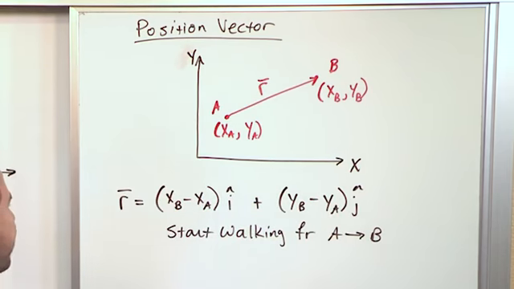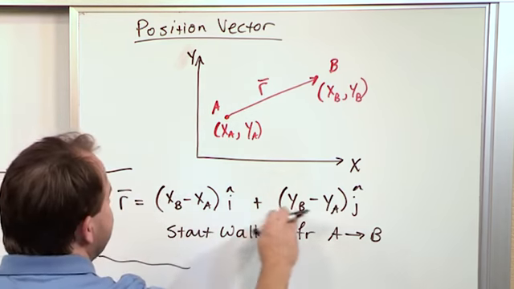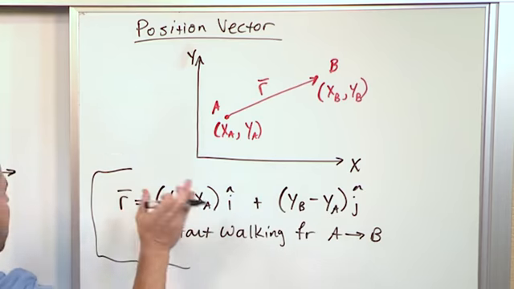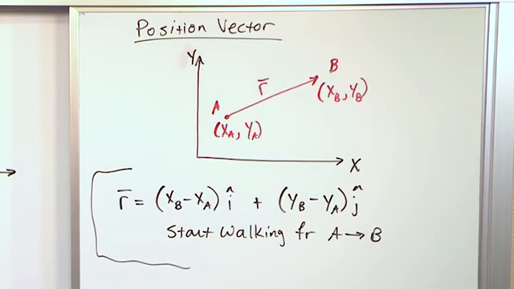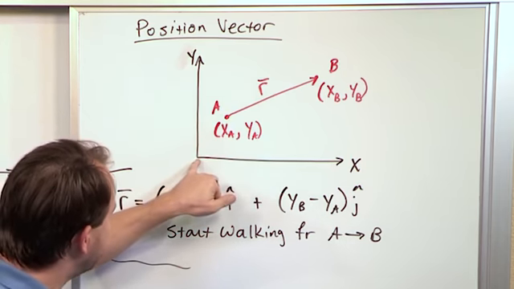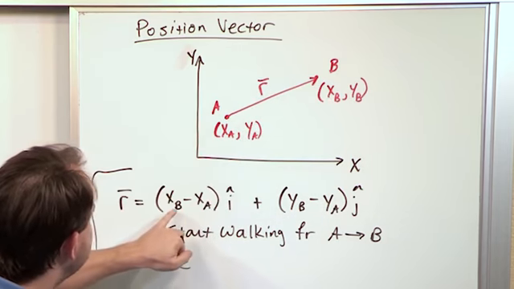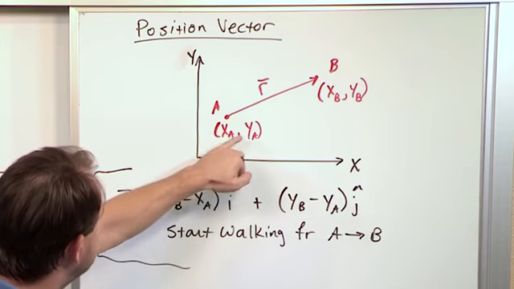Now we'll do some real problems, of course, but this is just kind of a general idea. In 2 dimensions, you write a position vector here. Also notice that in this case, if A, the starting point, actually was at the origin, like if the arrow started here and just continued up to point B, then x sub A would be 0, right?